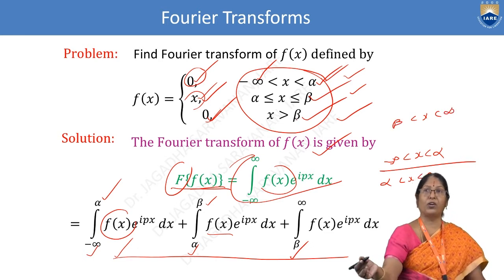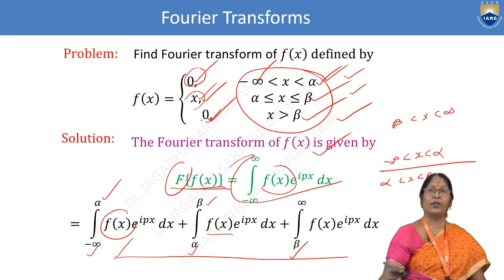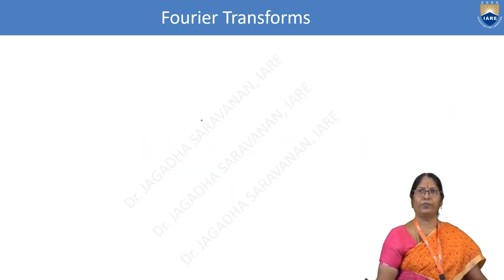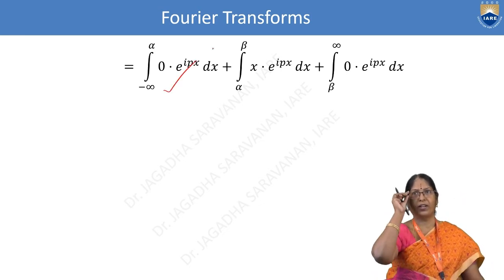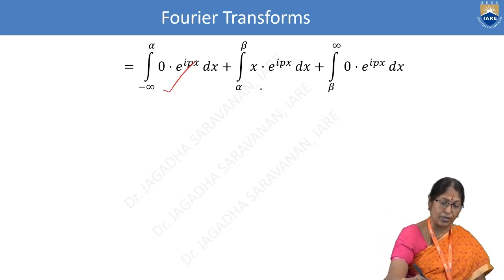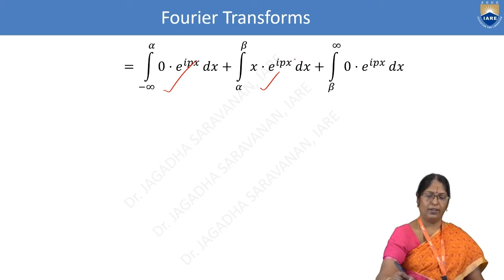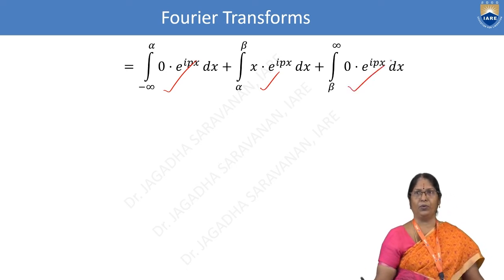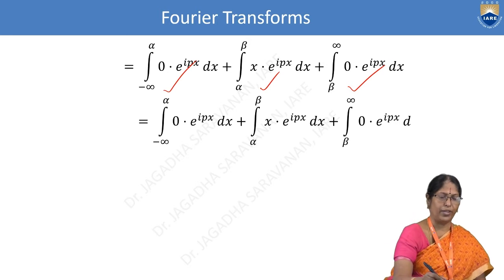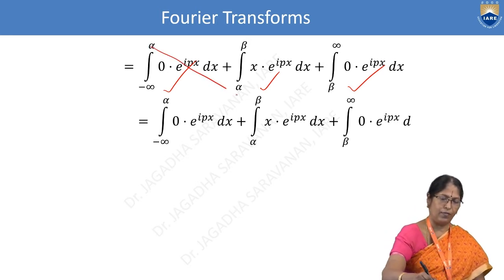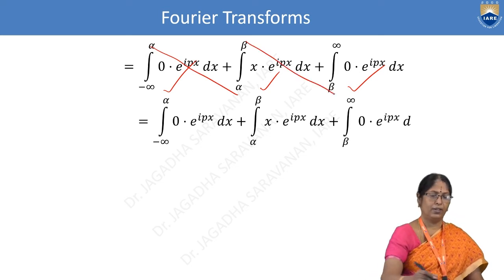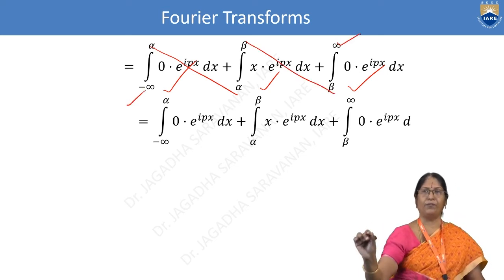So from beta to infinity, the function is 0. So we can see here the first integral is 0, the second one is x, the third integral is 0. So we can check whether we inserted it correctly or not. Alpha, alpha, beta, beta. So minus infinity to infinity.